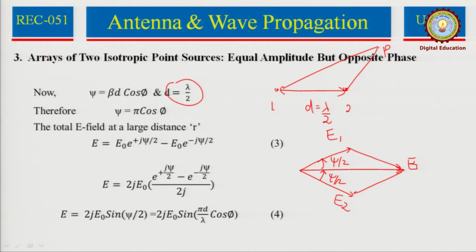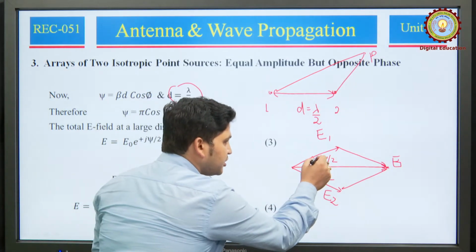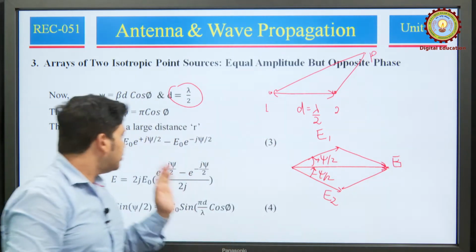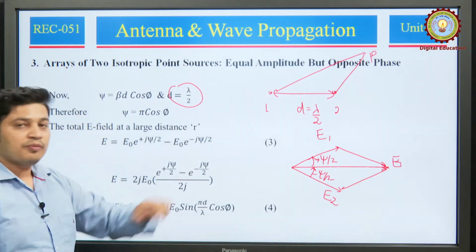This diagram we already discussed, so next time we skip this. As soon as we simplify, E naught e to the power plus j psi by 2, because it is positive, and from here negative, minus j psi by 2. So, E naught e to the power plus j psi by 2, E naught e to the power minus j psi by 2.